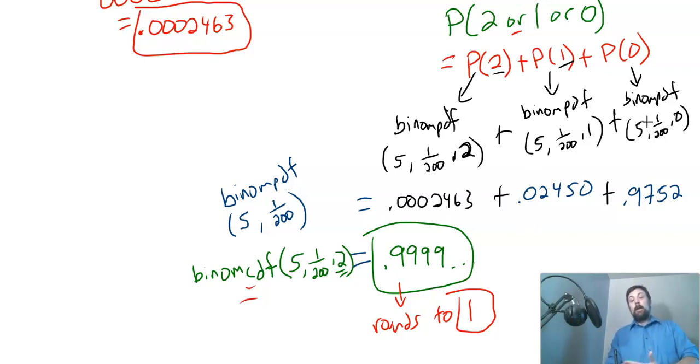Either do Binomial PDF individually for each probability that you need to calculate, or do the Binomial PDF with the list and write down each probability for the different successes that you're working with. But if you want the quickest way possible, Binomial CDF is the way to go if you have multiple probabilities to add up through a range of successes.